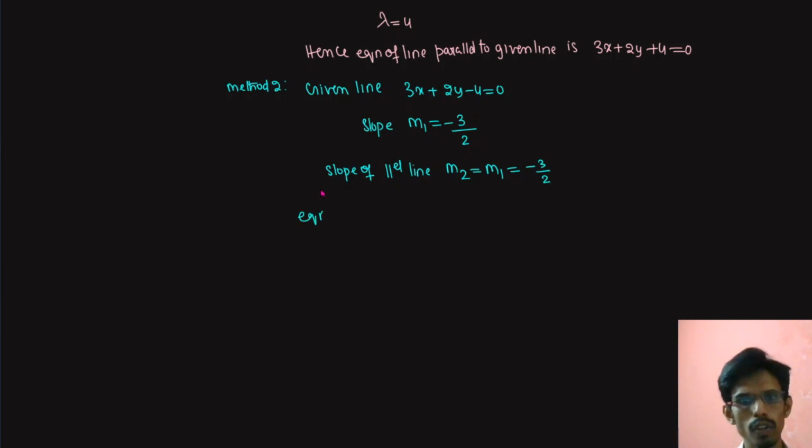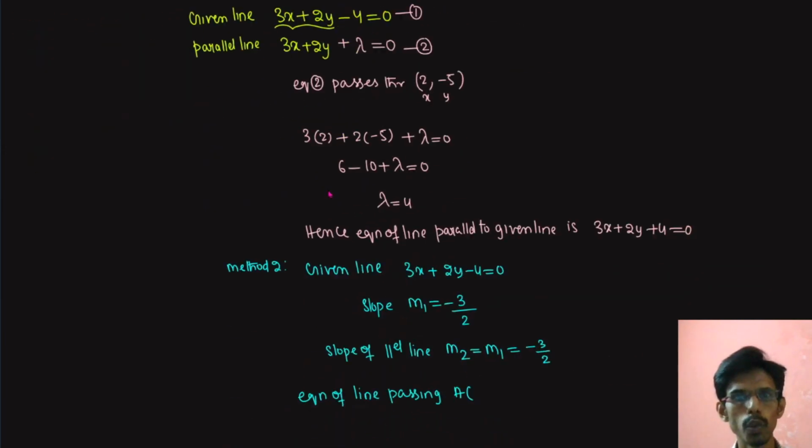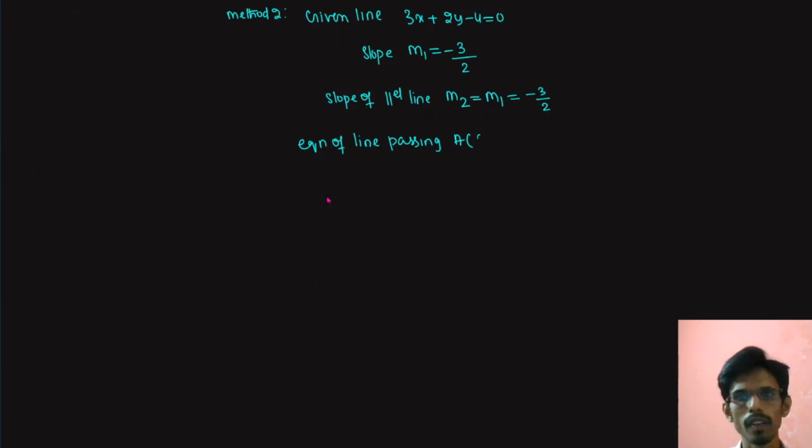Now the equation of the line passing through point A, 2 comma minus 5, having slope m2, in point slope form, y minus y1 equals m2 into x minus x1.